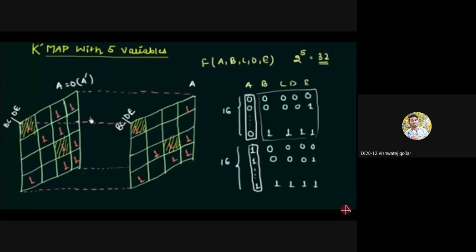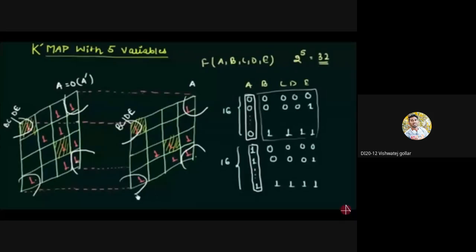As you can see, these are the same. Here 1 and 1 are there, 1, 1, 1 and 1. So in both maps, on the extreme corners there is 1. So I can group these ones in this way.